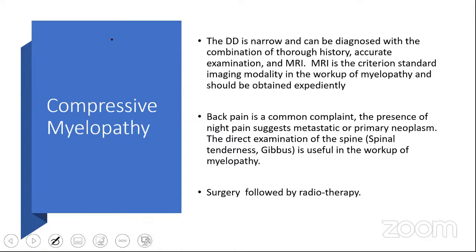The second extradural compression cause is neoplasms. Out of the neoplasms, the most important are the metastases, most common from lung, breast, and prostate, and they can metastasize and cause problems at various levels of the spine. So whenever you suspect metastasis, the entire spine has to be screened. That is the neoplasm.